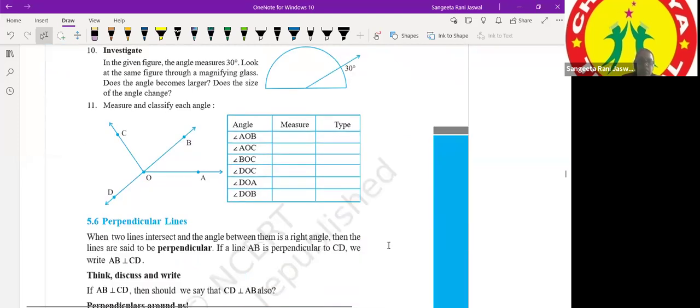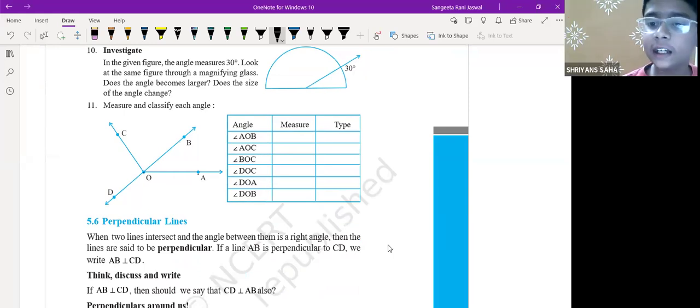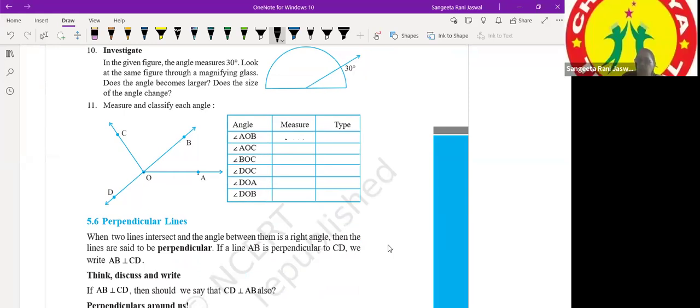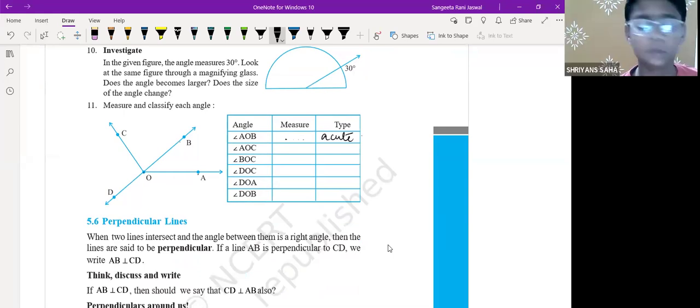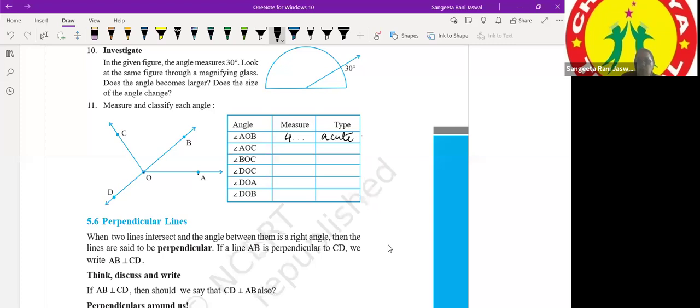Let's see further. Let's see this one now. Question number 11. Measure and classify each angle. Now this you have to measure. Angle AOB. This is AO and B. What is the measure of AOB? So you have to write the measure, whatever measure it is, and what type it is. So type you will write as, this is acute. 40 degrees, okay.